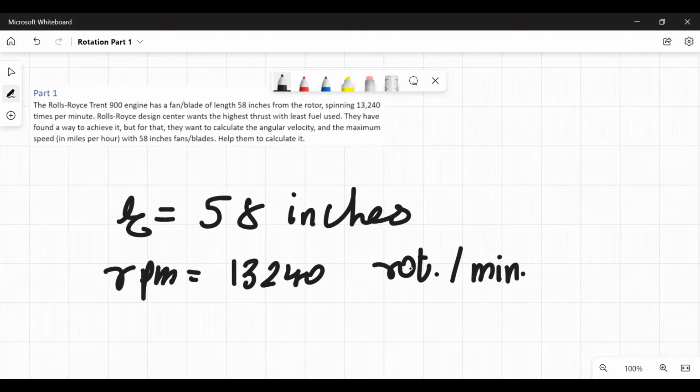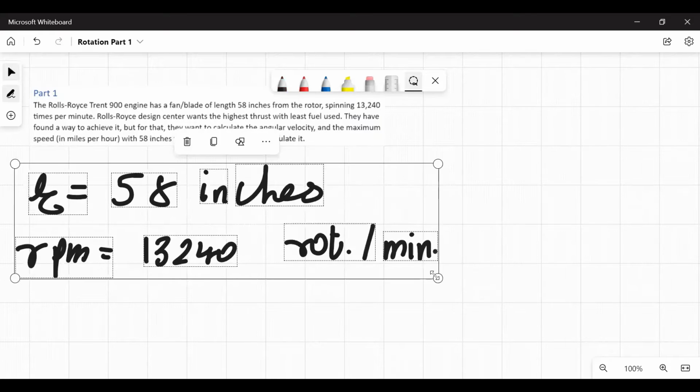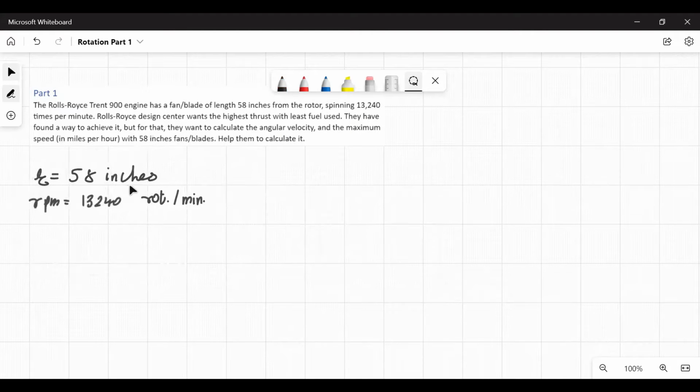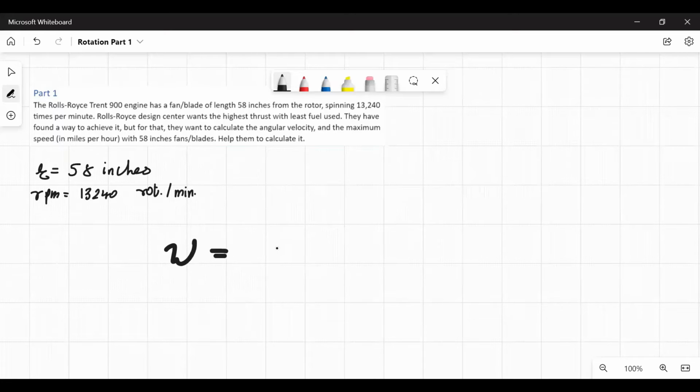Alright, so we have two things with us, and now we're going to calculate the angular velocity. For now I'll just shrink this and keep it on the top left corner so that it gives me more space to work with. Angular velocity is simply the angle per time. So it's denoted as omega equals theta over time.